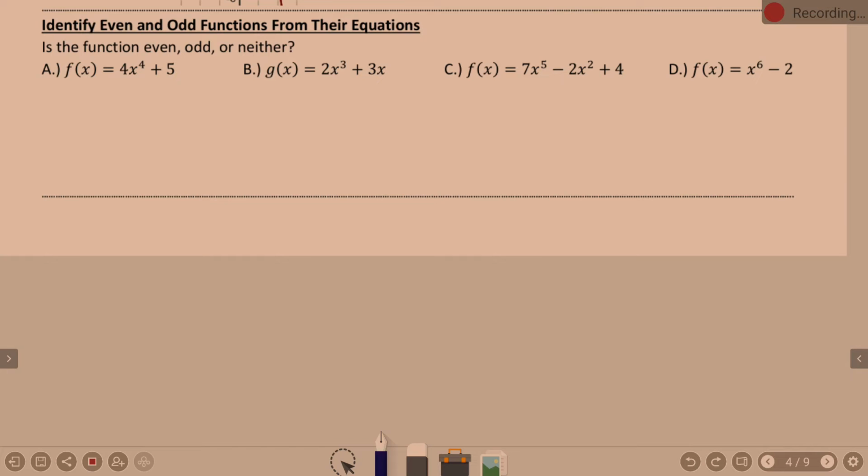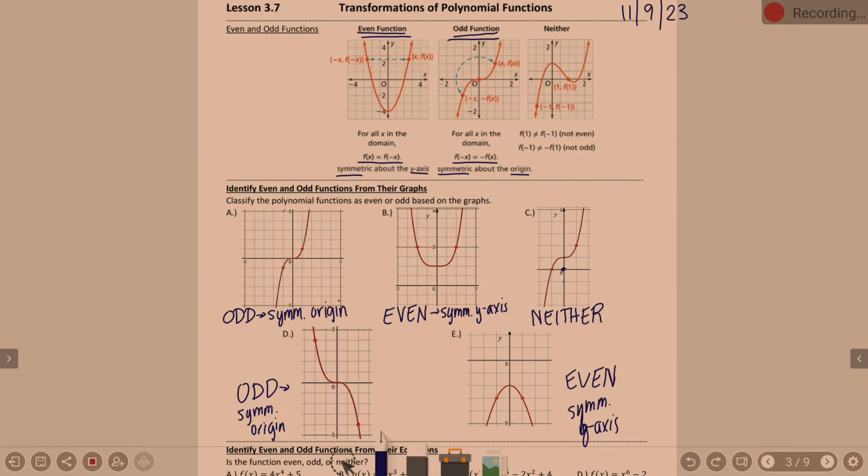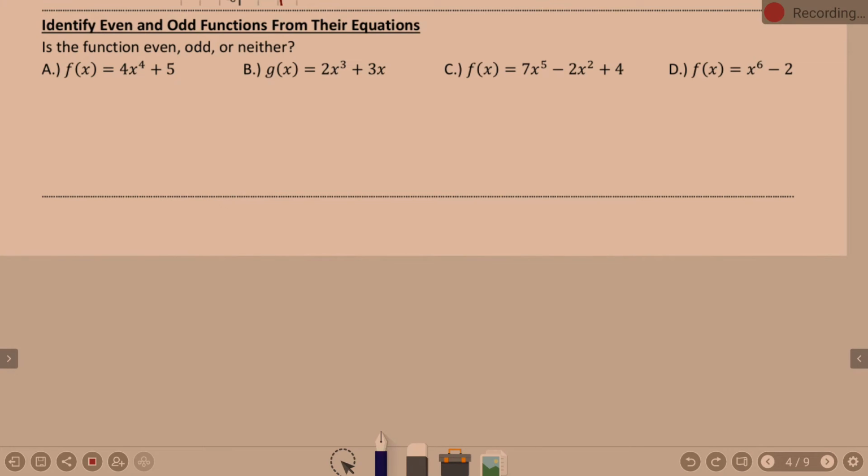I'm going to have to flip back and forth. This part means instead of looking at the graph, we're looking at these pieces right here. Does your function f of x equal what you get when you plug in negative x, or what you get when you multiply by negative x? If you're given an equation, not a graph, my suggestion is always start by finding f of negative x.